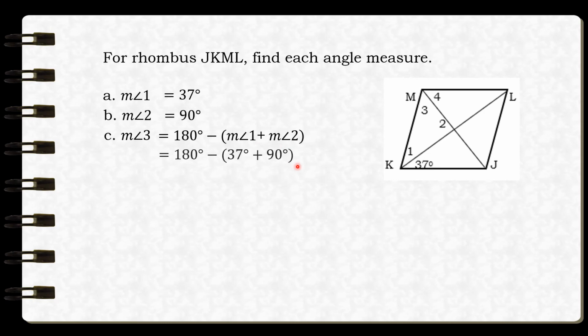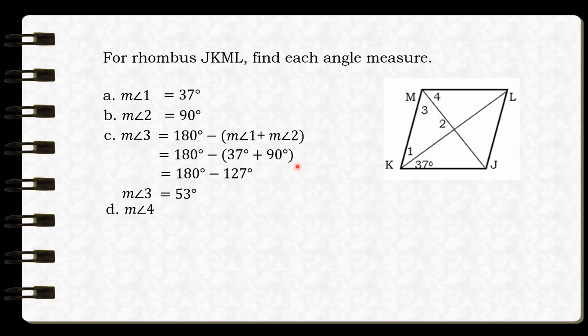So by substitution, we have 180 minus 37 degrees plus 90 degrees. So we have here 180 minus 127, or simply, the measurement of angle 3 is 53 degrees.